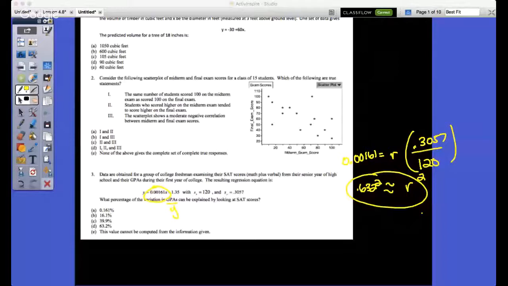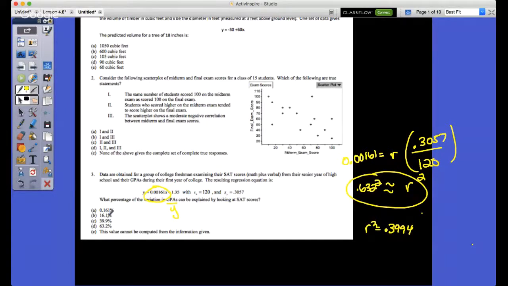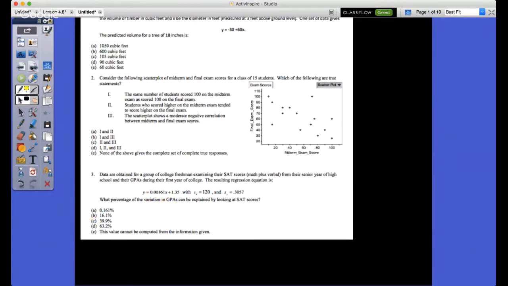I get 0.3994. So 0.3994 is r squared, which is approximately answer C, 0.399, or 39.9%. Okay. Good stuff. Let's go to number 10.